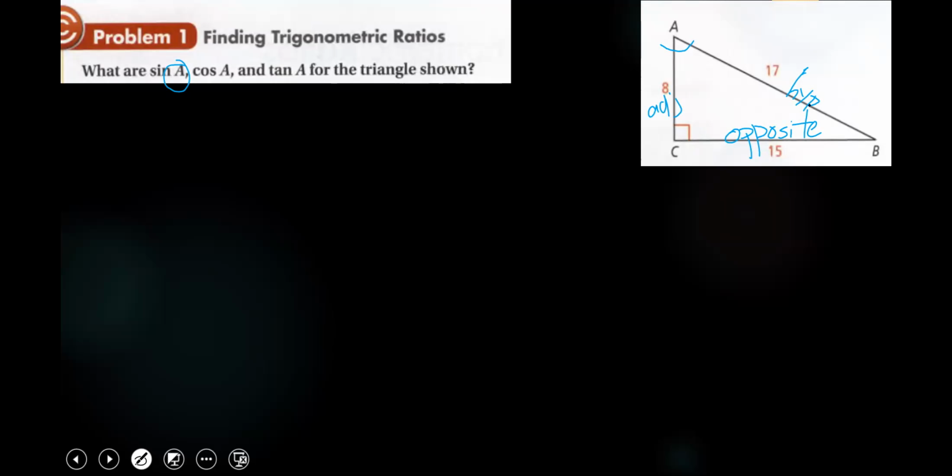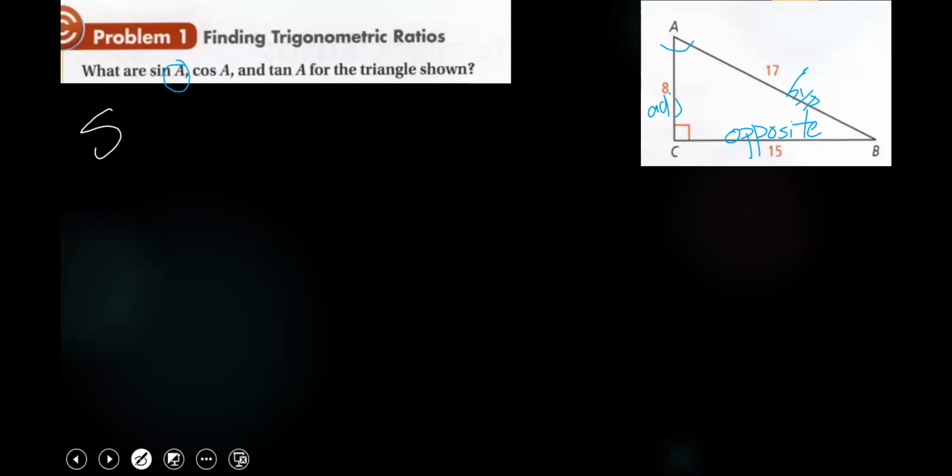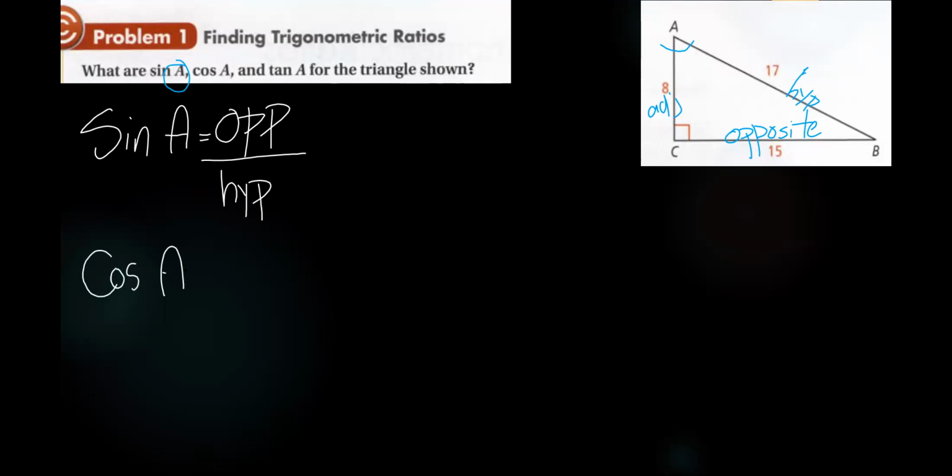Now let's write the ratios. Now, sine A. You have to write it like this: OPP, meaning opposite, over hypotenuse. Cosine A, you write it as ADJ, meaning adjacent, over hypotenuse.